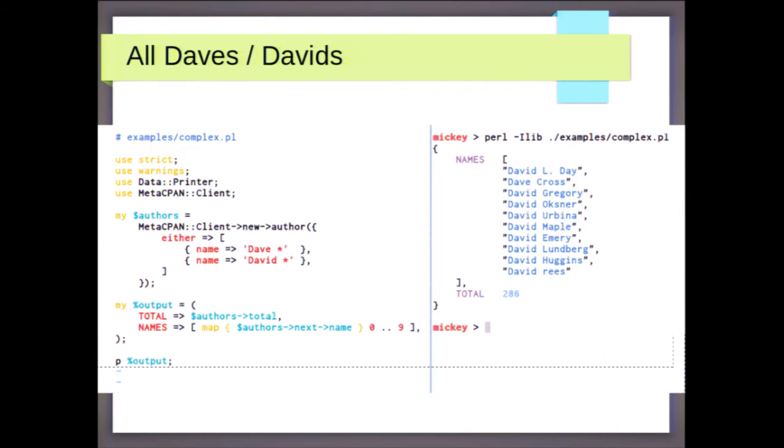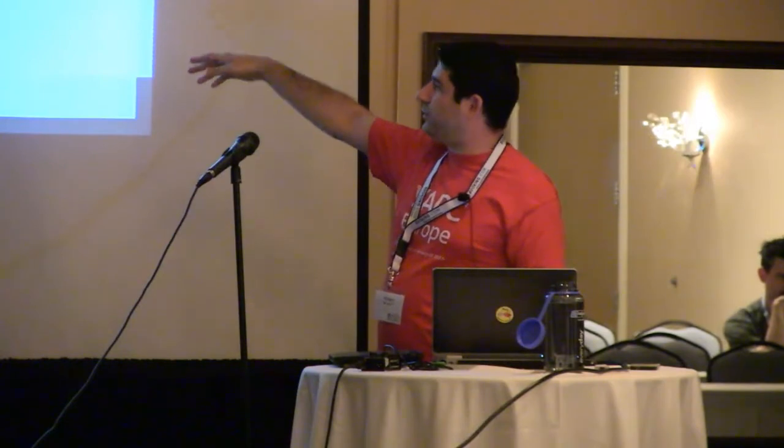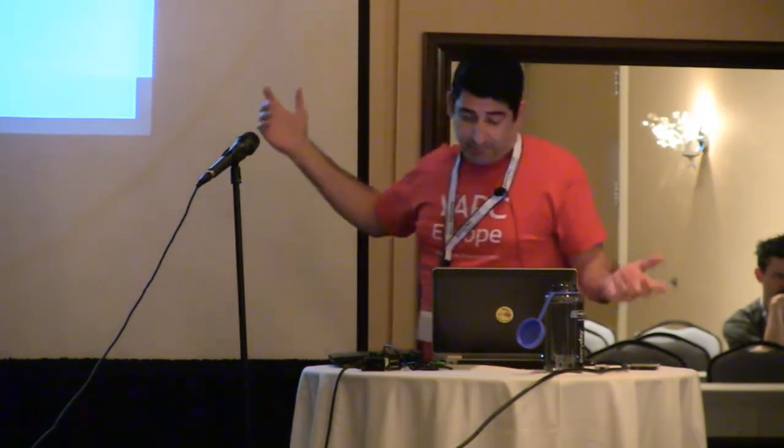This number, by the way, did not change since we started working on this module, so no additional Daves and Davids in a few months. And here I'm showing just the overall total and just the names of the first 10 that I could take out of the iteration, just to show that you can pull it however you want.